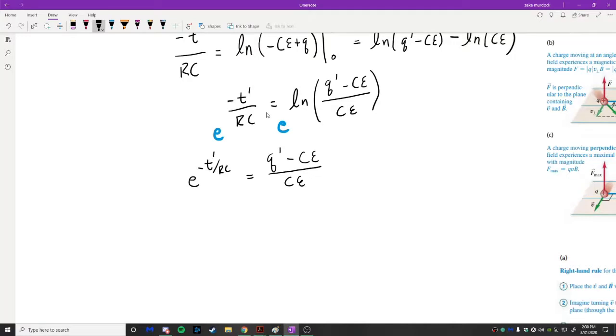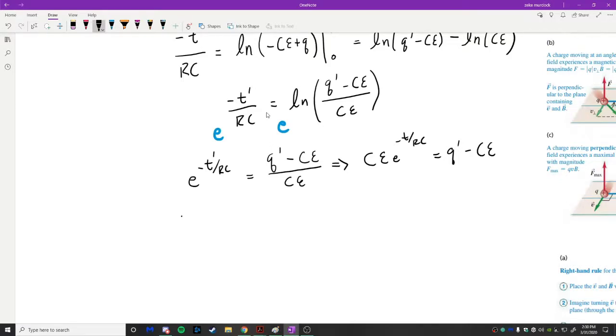Our goal is to isolate Q prime right here. If we do that, we get CE e to the negative t over RC is equal to Q prime minus CE, and then we add this one to the left-hand side.